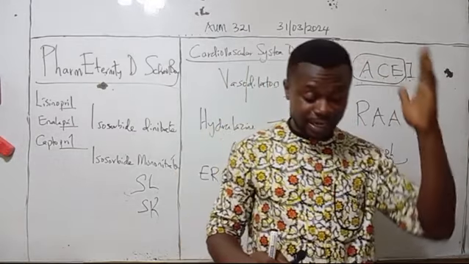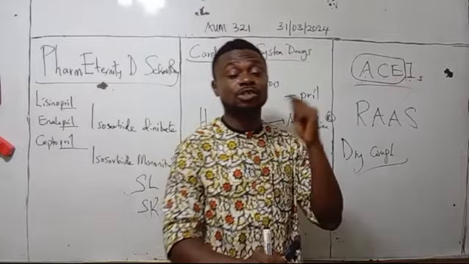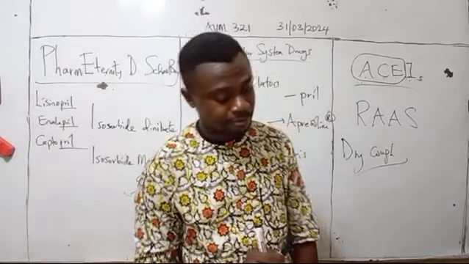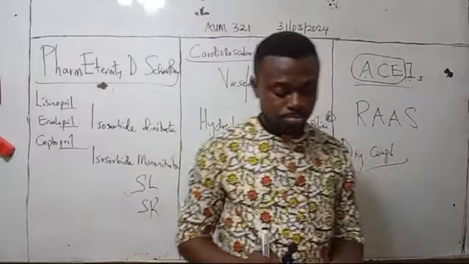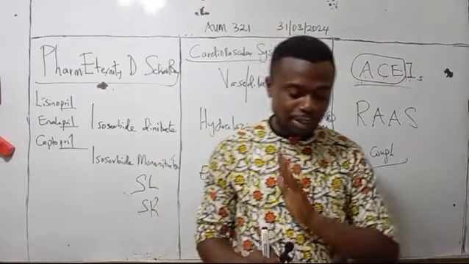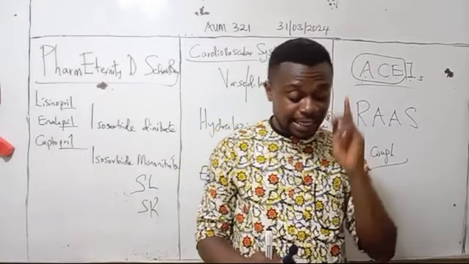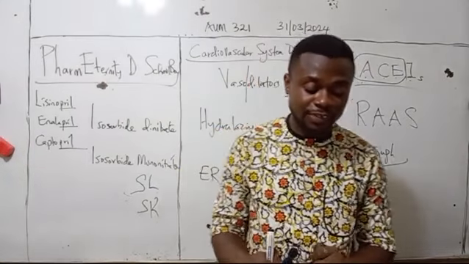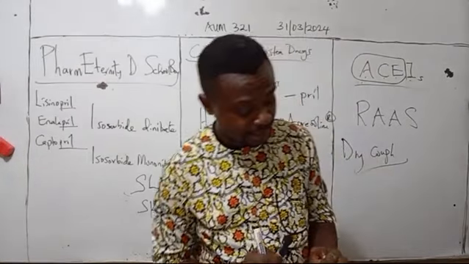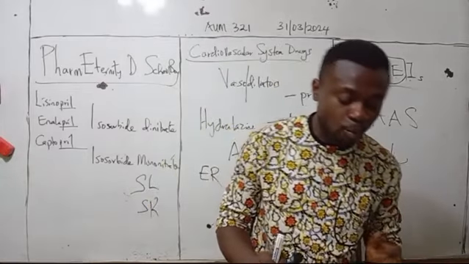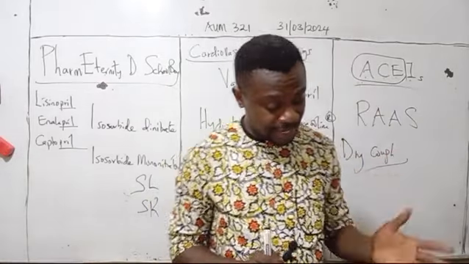We have quinapril. Quinapril, we have it as 5 milligram, 10 milligram, 20 milligram, and 40 milligram tablets. The dose is 10 to 80 milligram per day in 1 to 2 divided doses.